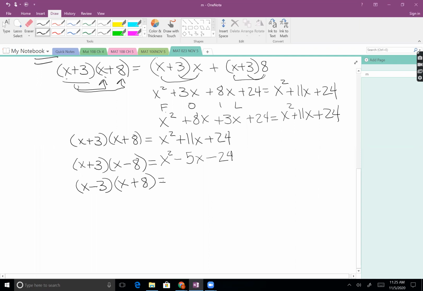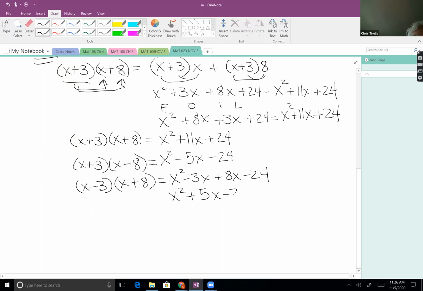X squared minus 3X? That would be how we start it, distributing the X. Then we have to distribute the 8, right? And so that would give me plus 8X minus 24. So my final answer would be X squared plus 5X minus 24.